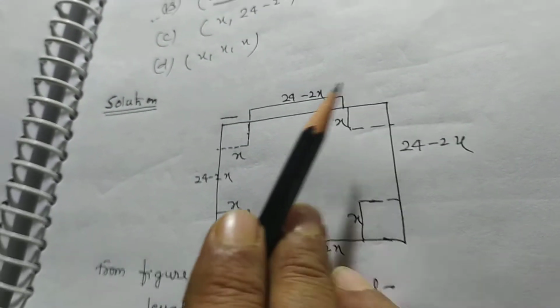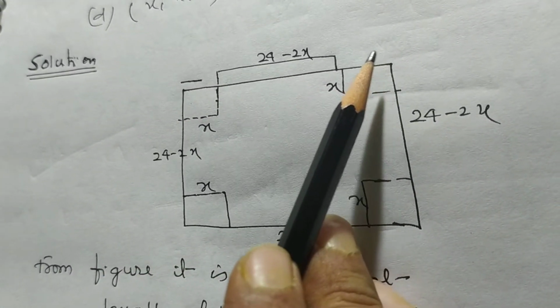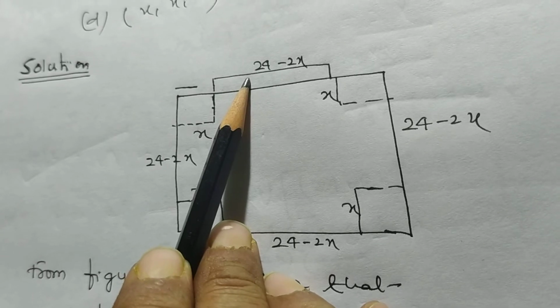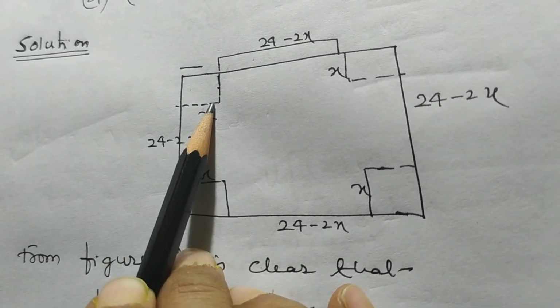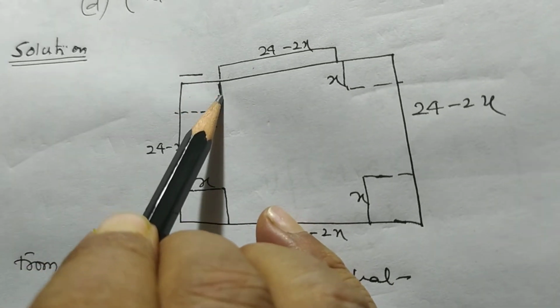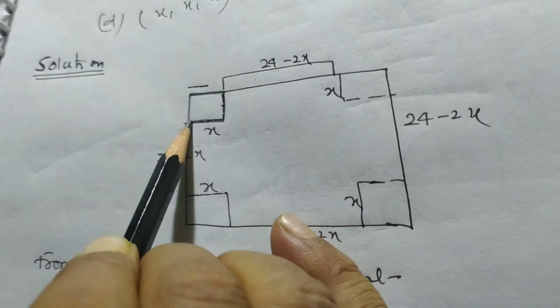Now, it is given that the length of this rectangular sheet is 24 centimeter. We want to make it a box, and we cut at each corner a length of x.